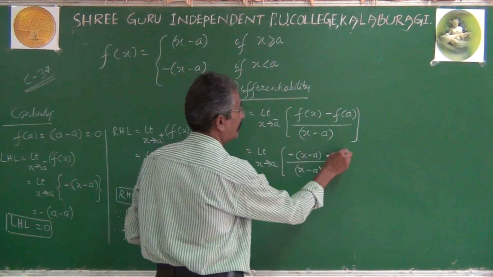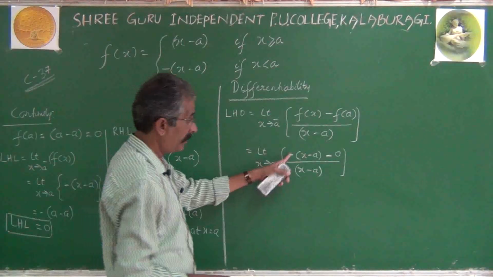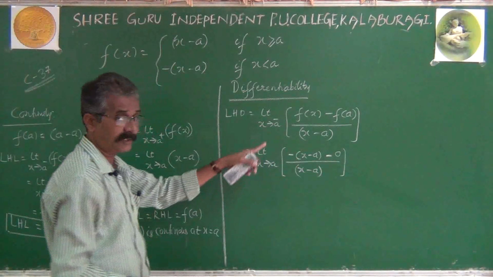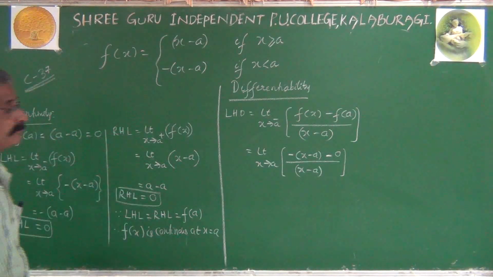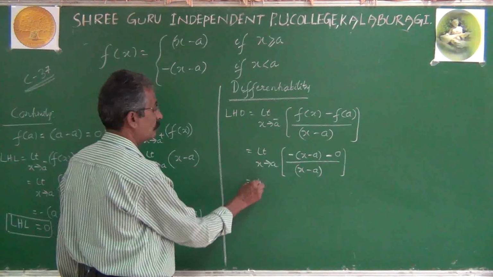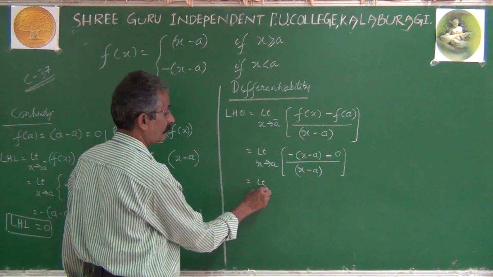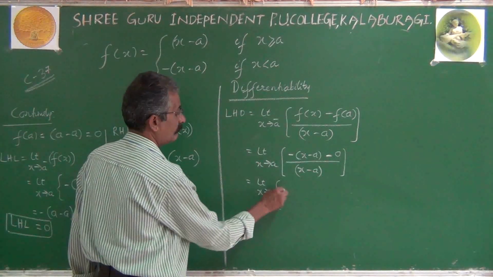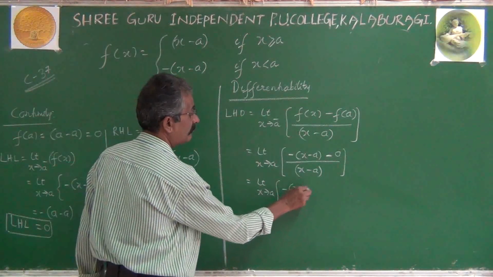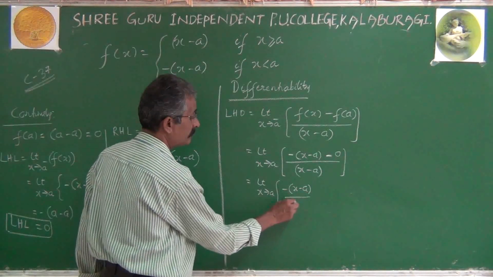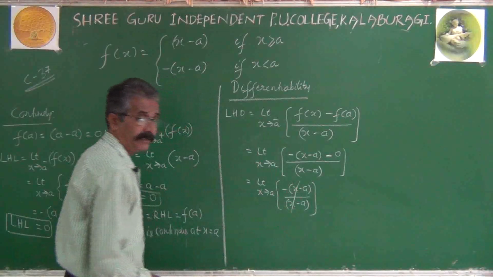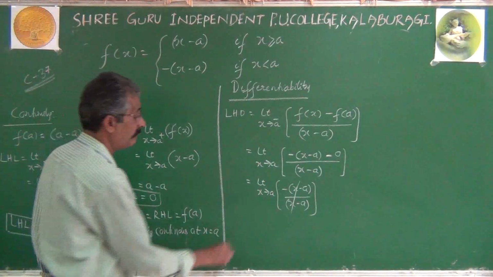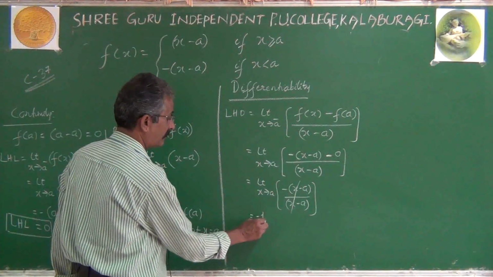Notice that very correctly we have taken minus of (x minus a) because x is less than a. Whenever x is less than a, function value is minus of (x minus a). That is equal to limit x tending to a minus of minus (x minus a) divided by (x minus a), after dropping 0. So obviously x minus a cancels out, leaving minus 1.